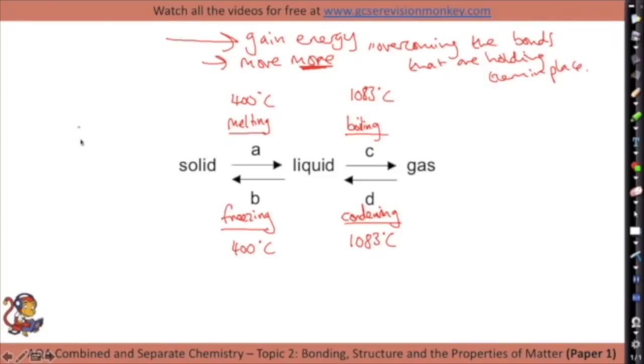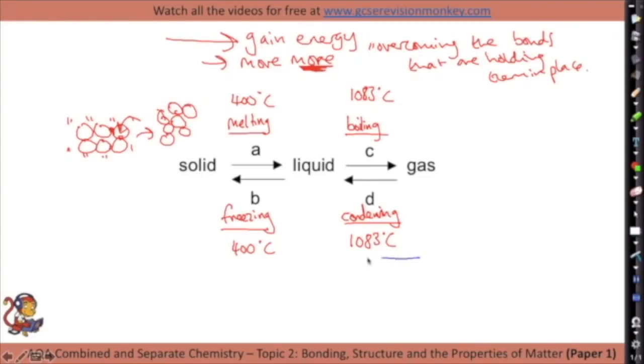So, for example, if we remember our solid model, we've got particles that are vibrating with strong bonds holding the particles together. But if those particles gain energy, they are going to vibrate more, and then they are going to overcome these strong bonds that are holding them in place until they turn into a liquid where they can move over each other and have weaker forces of attraction between the particles.